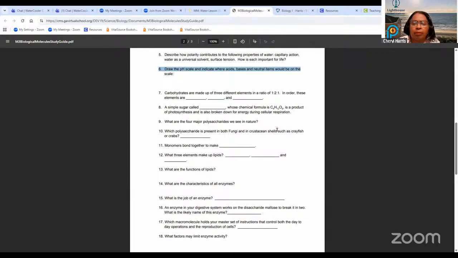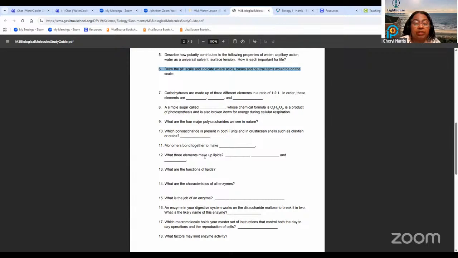Cellulose. Monomers are bound together to make polymers. That's number 11.